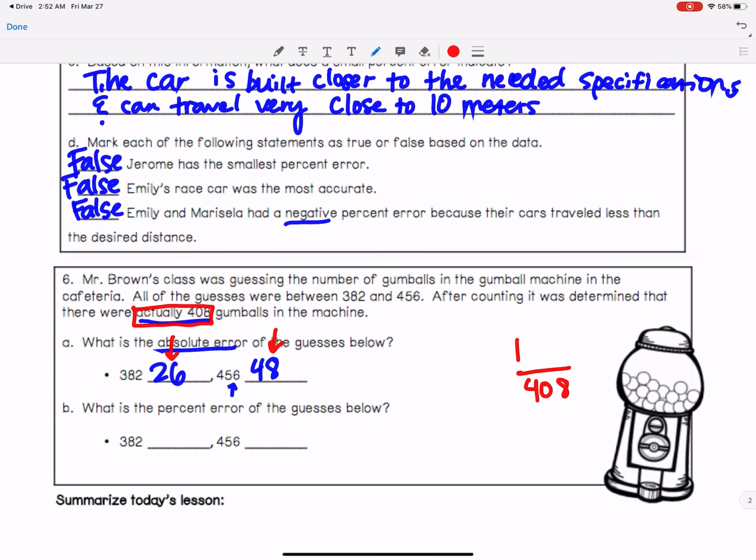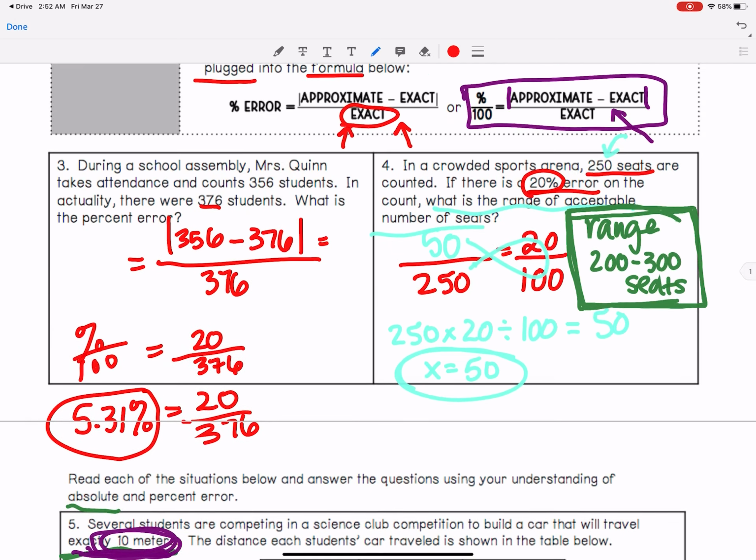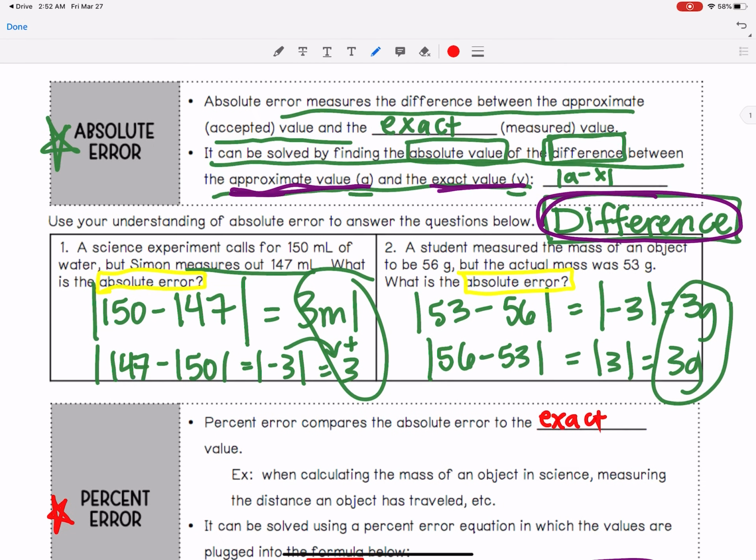So you have to use that equation. What was it up above? Let me go to the very beginning again. Your approximate value minus exact value. Wait, let me check my notes really quickly. I wonder why my notes have an X in it.